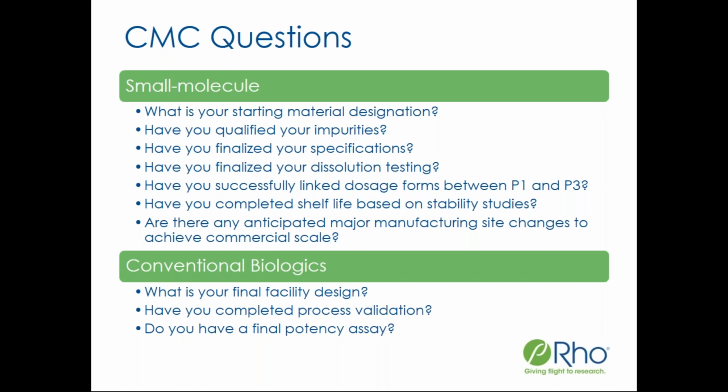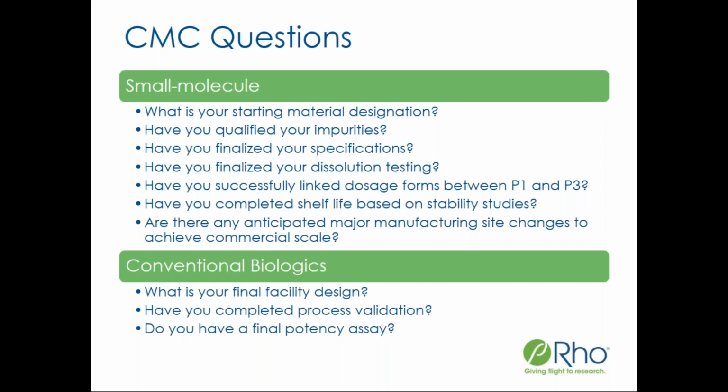With respect to chemistry, manufacturing, and controls, of course, across the different types of products, small molecules, biologics, biotech products, and perhaps combination products, there are a number of CMC questions that need to be addressed as you assess your readiness for an end of phase 2 meeting. Again, these are some examples of the questions across these types of products that you need to consider in this slide and in the next slide.